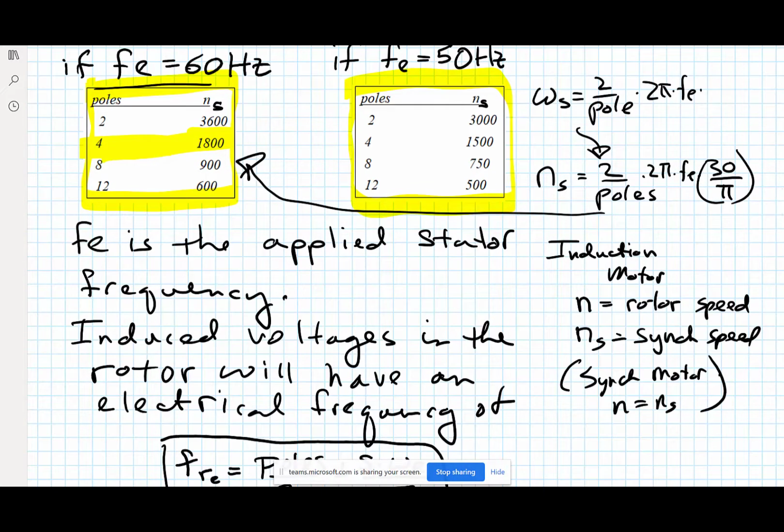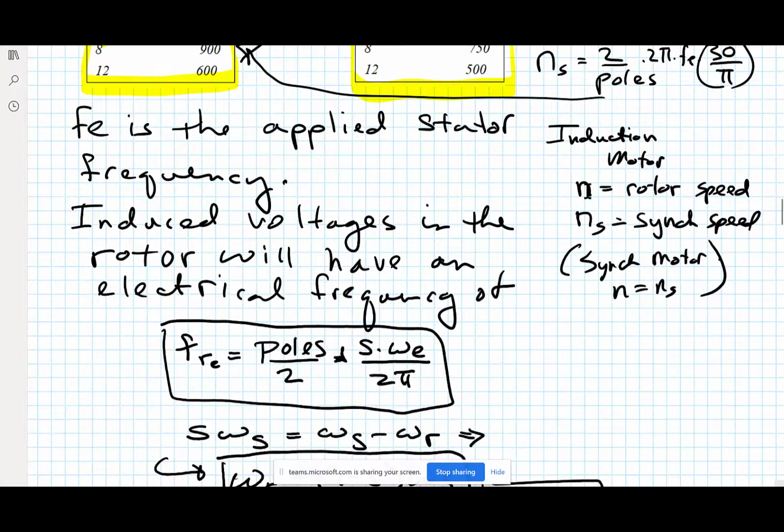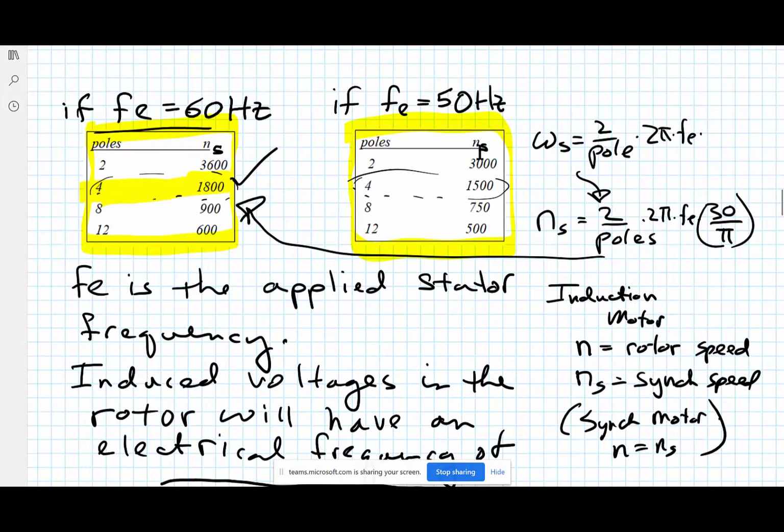And oftentimes it's helpful to know, if I've got a 4-pole machine at 60 hertz, I live in America, I'm going to have 1800 RPM. I live anywhere else in the world, I've got a 50 hertz machine, 1500. I know these because I spent most of my life in the United States, but if I didn't, I'd probably be more familiar with these numbers here.